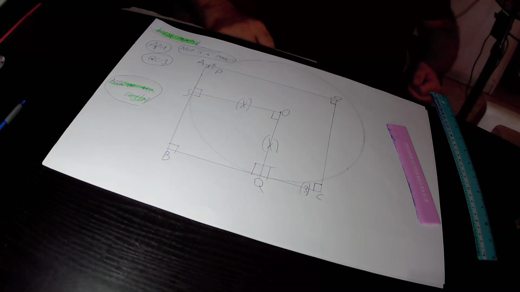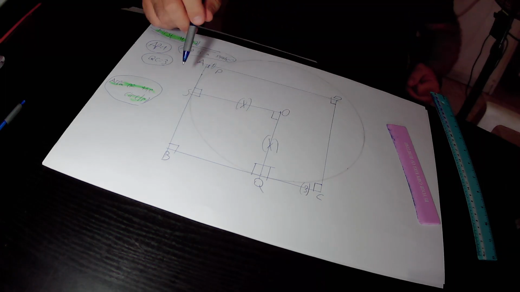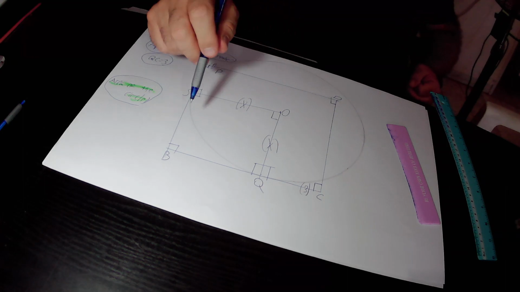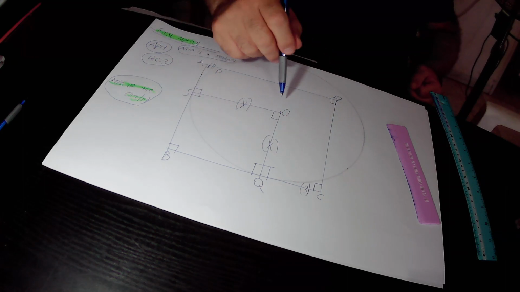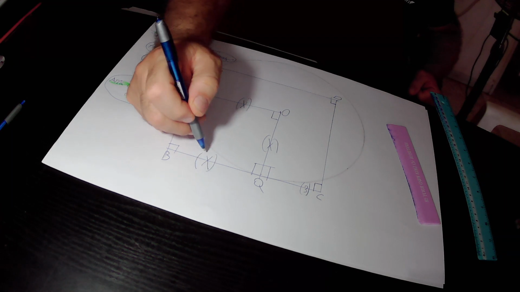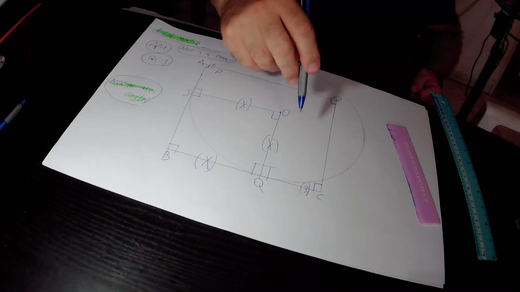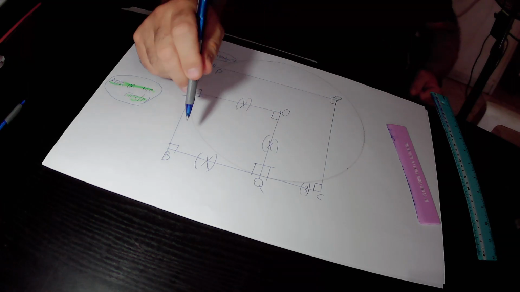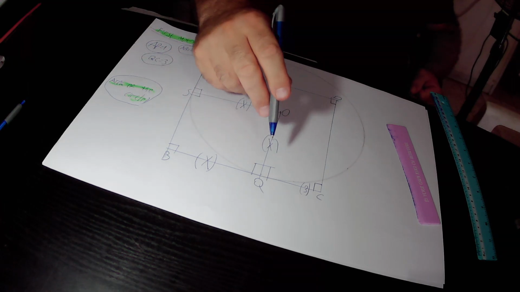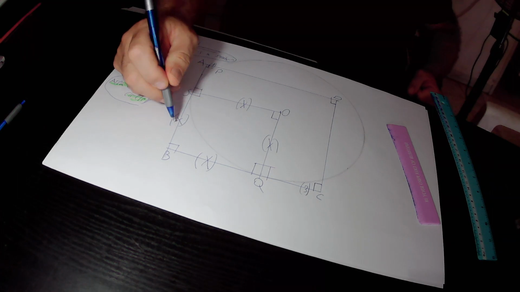But we also know that the opposite sides of a rectangle are equal to each other. So in rectangle SOQB, side SO must be equal to the opposite side QB, but SO is x, therefore QB must also equal x units in its length. Likewise, in rectangle SOQB, side OQ must be equal to the opposite side SB, but OQ is x, therefore SB must also equal x units in its length.